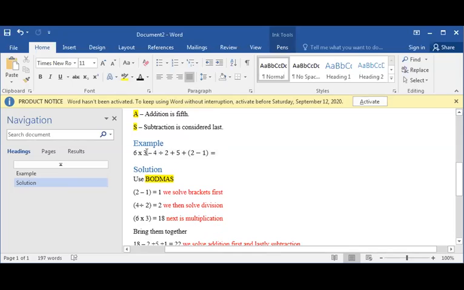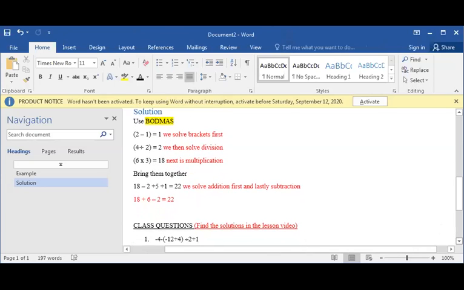The division is appearing here, where you have negative 4 divided by 2, which is worked out here as negative 2. And then you go to the multiplication, where now you have 6 times 3. That has been combined later on here, and then they have been able to work on that.